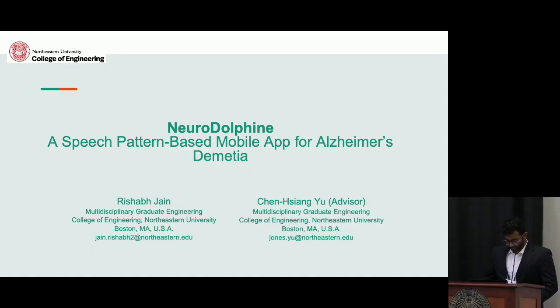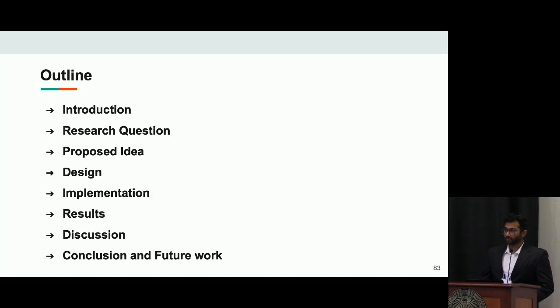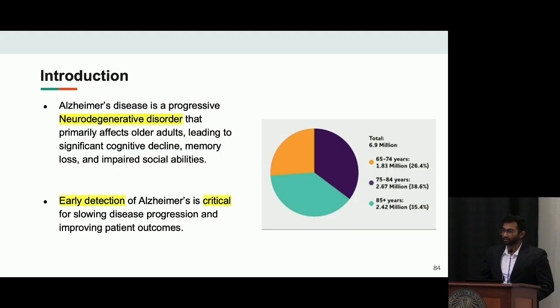So here's the outline of the whole presentation and a little bit of introduction. So what is Alzheimer's? We know a lot of people in the United States suffer from Alzheimer's dementia, and it is a condition in the brain which makes it harder to think and process anything clearly, and you're not even able to do everyday tasks.